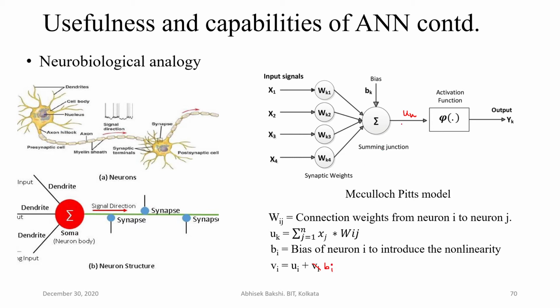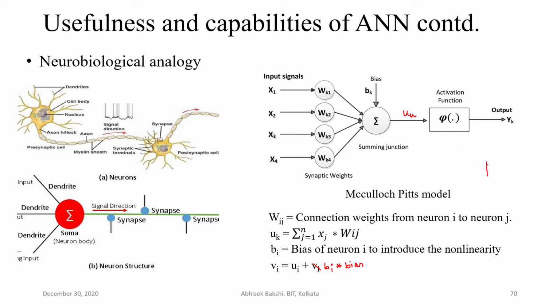So this summation is considered as UK. This UK and the bias term will be considered as this VI, and this VI is the input to the activation function.